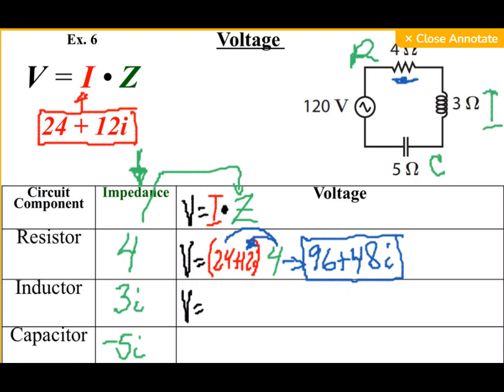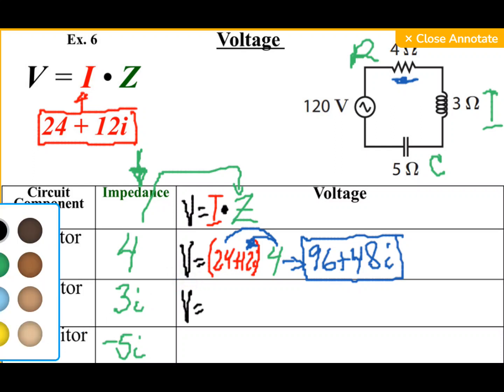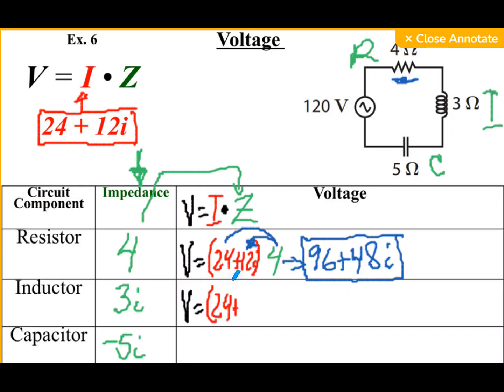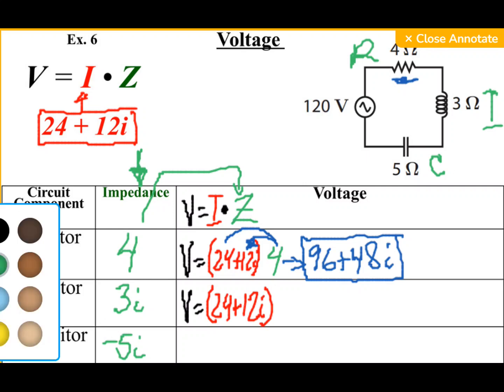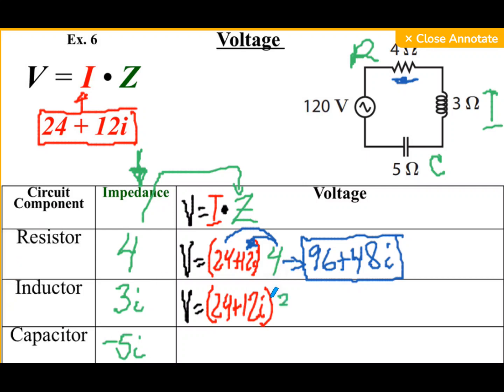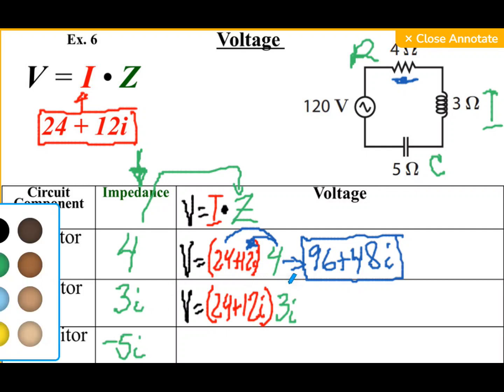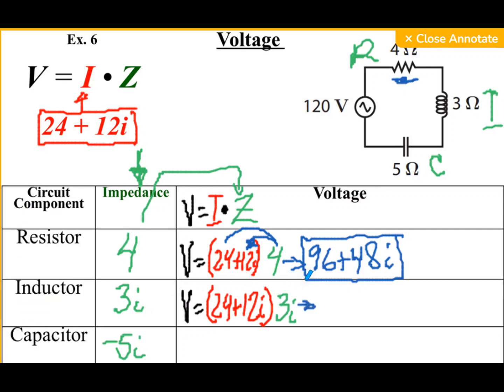All right, so let me just write it out. Our current is 24 plus 12I. And we're going to multiply now times what? 3I. Okay. So, Diego Rosas, help me out. 3I times 24. 72I. Okay.